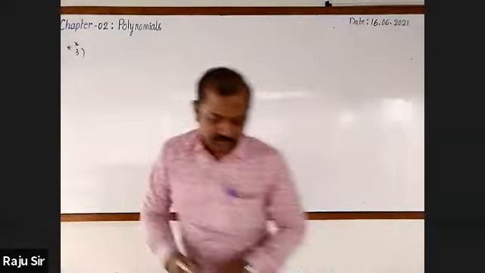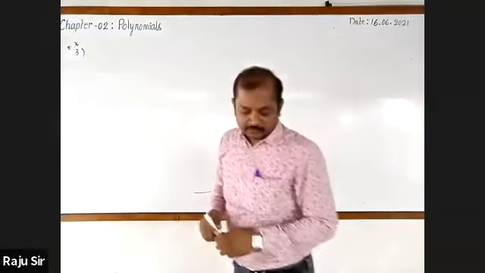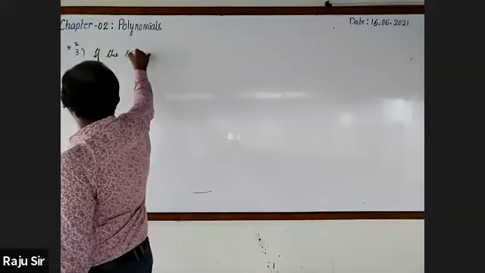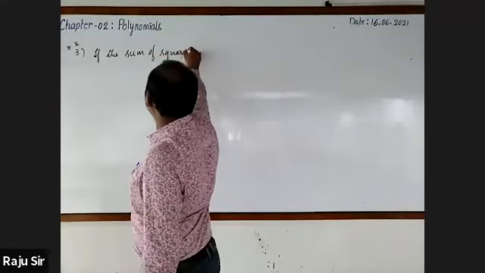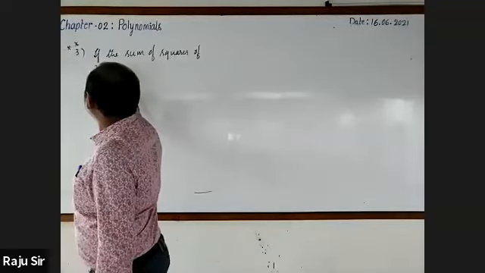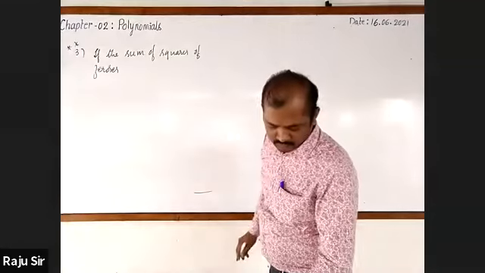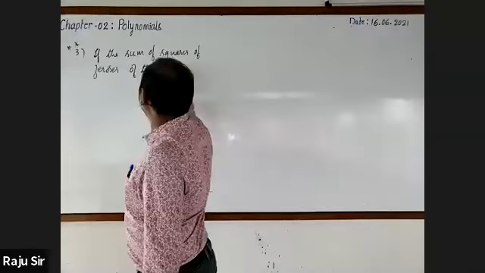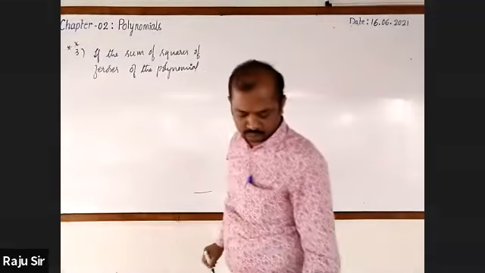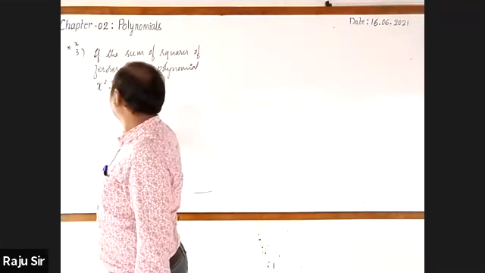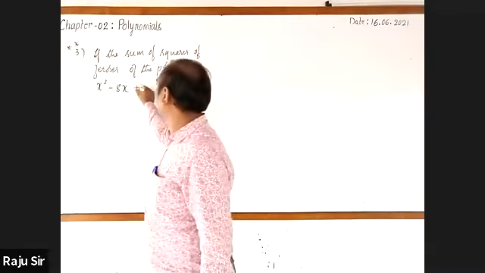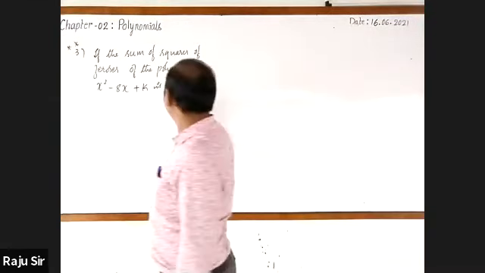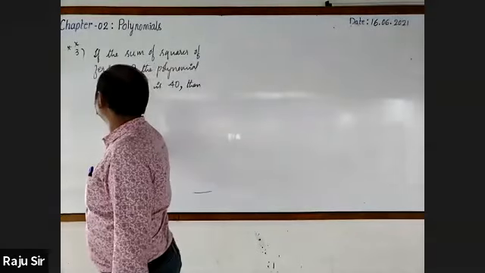Put a double star mark and write: if the sum of the squares of zeros of the polynomial x square minus 8x plus k is 40, then find k.